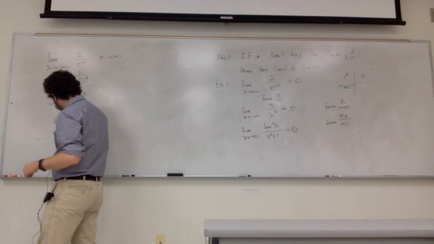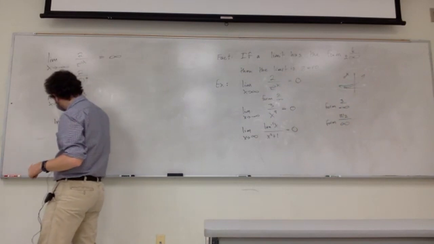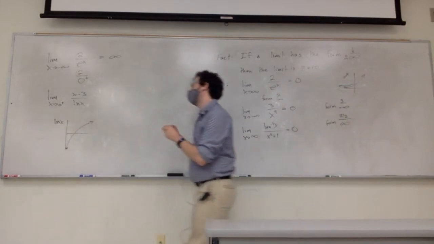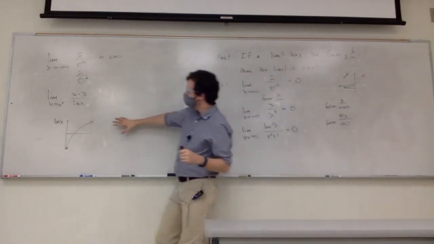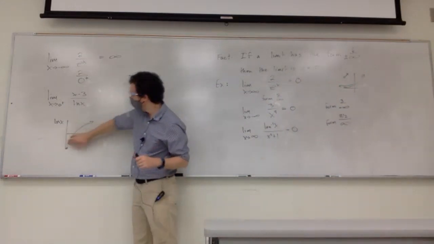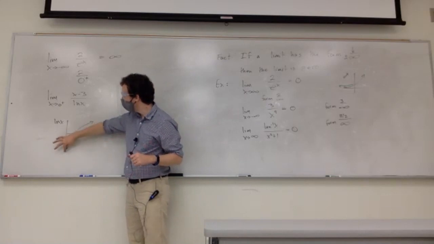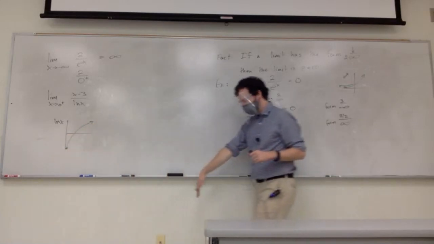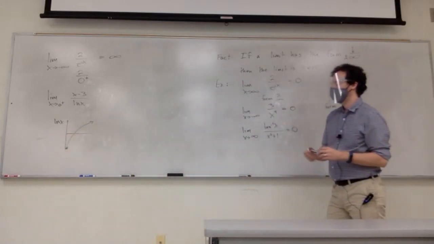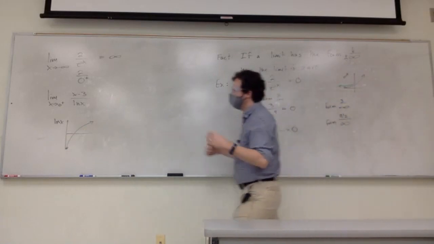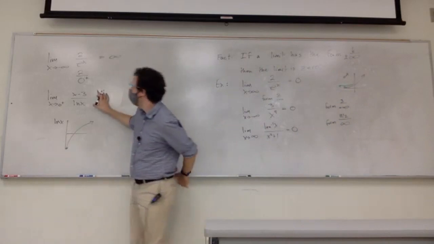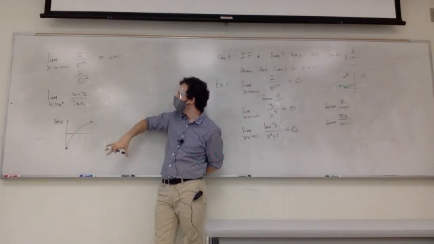Well, the natural log of x has this vertical asymptote. And as you're going to 0 from the right, the natural log of x is going to negative infinity. It's going along its asymptote down to negative infinity. So here we want to analyze this by looking at the top and bottom separately.